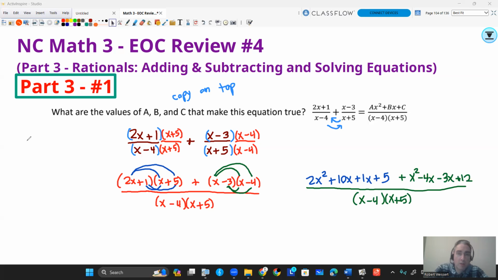So I want to combine my like terms on the top, and let's see what we get. We got a couple of x squareds, 2x squared and x squared. That's going to give me 3x squared.